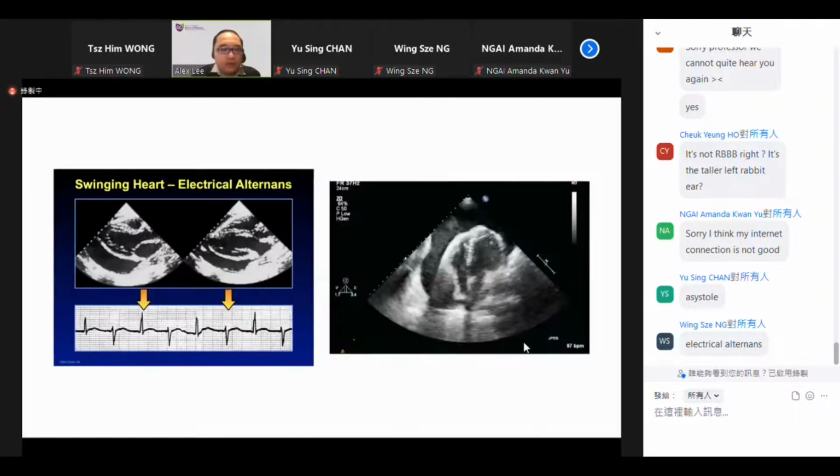So the underlying mechanism, as Wingzy said accurately, is that when there is a large amount of pericardial effusion, the heart swings in the pericardial cavity like this.